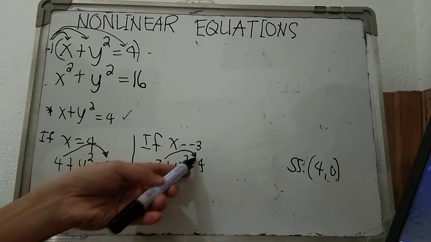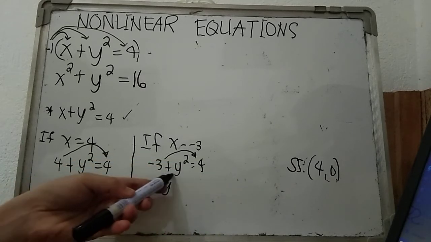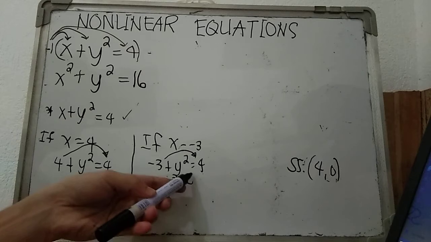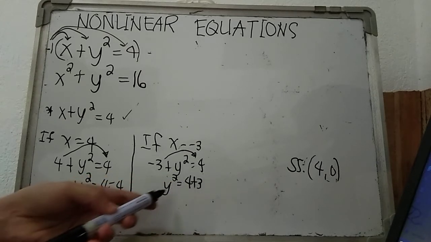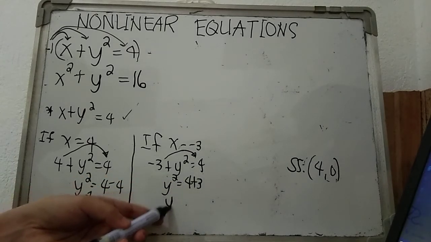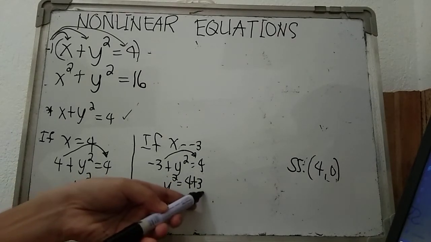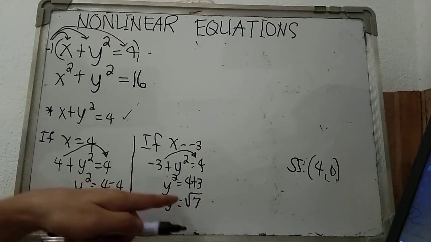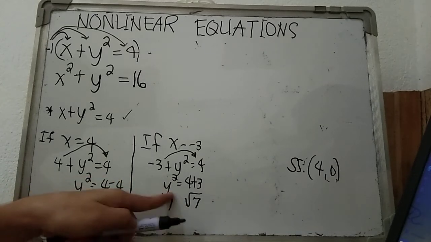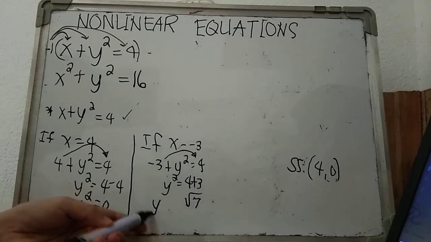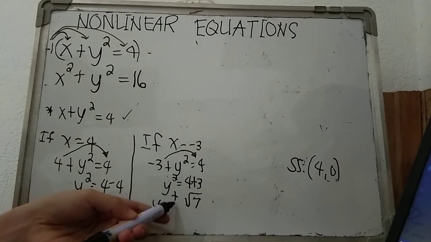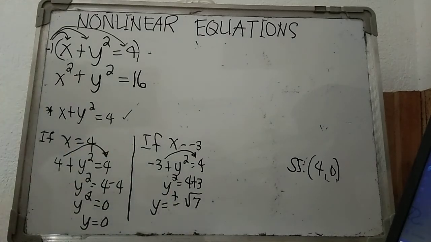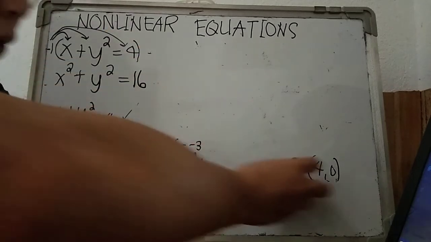Transposing negative 3 to the right, this will become y squared is equal to 4 plus 3. Now take the square root of both sides. So in finding our y, this is just the square root of 7. When you say square root of 7, this is actually positive and negative square root of 7.